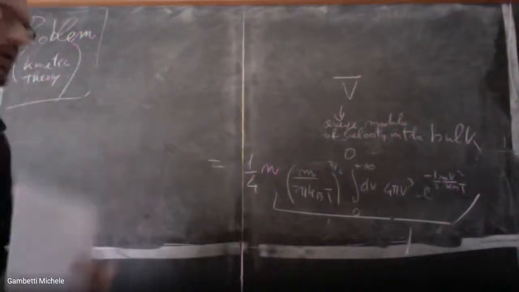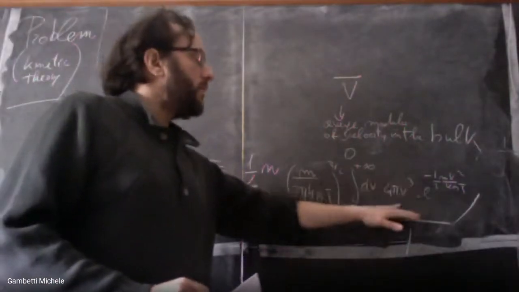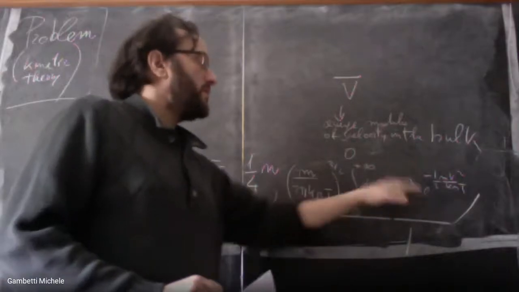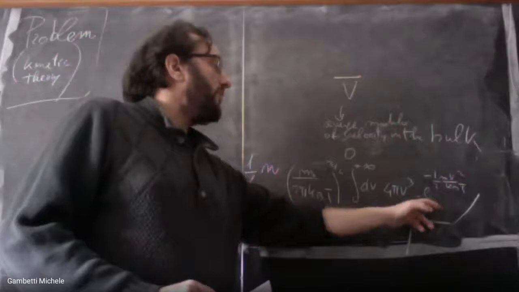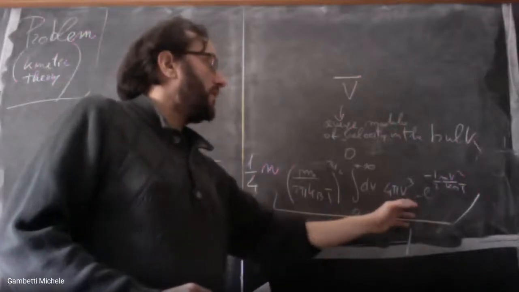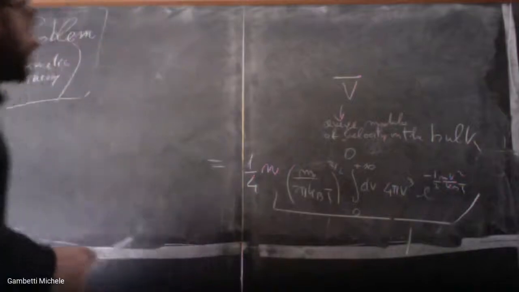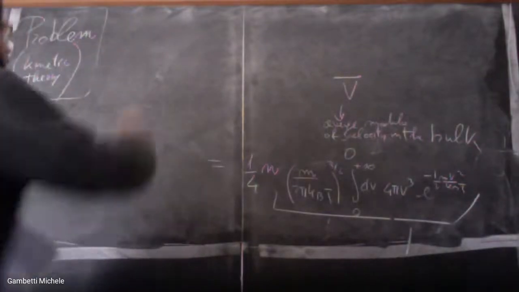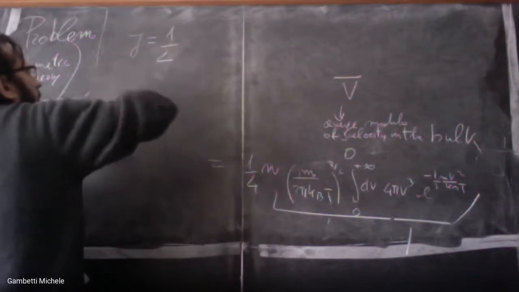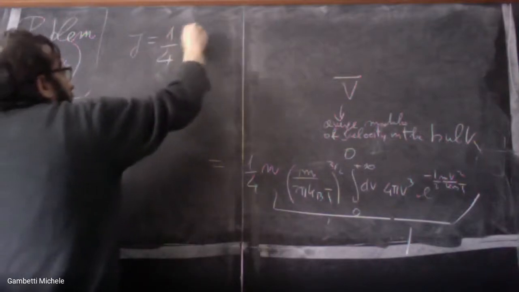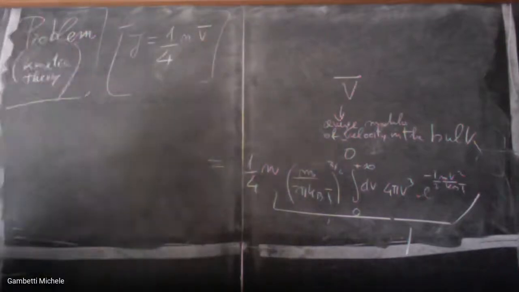Inside the box, where the distribution is a Maxwell-Boltzmann distribution, just integrating over a probability distribution function, v squared dv, times v. Okay, so then what I get is that the flux J crossing the hole is just 1/4 n times v bar, where v bar is the average bulk velocity.